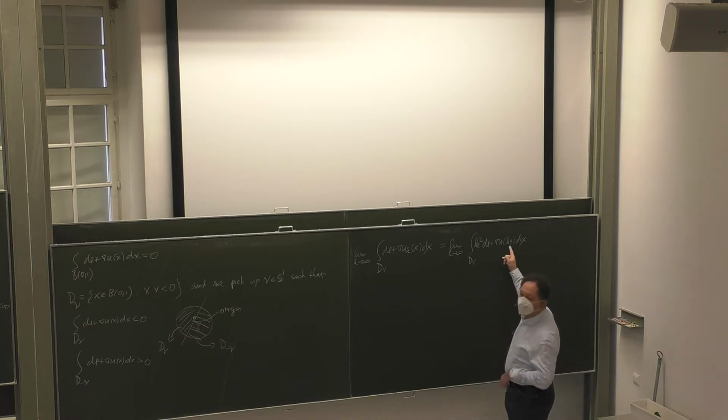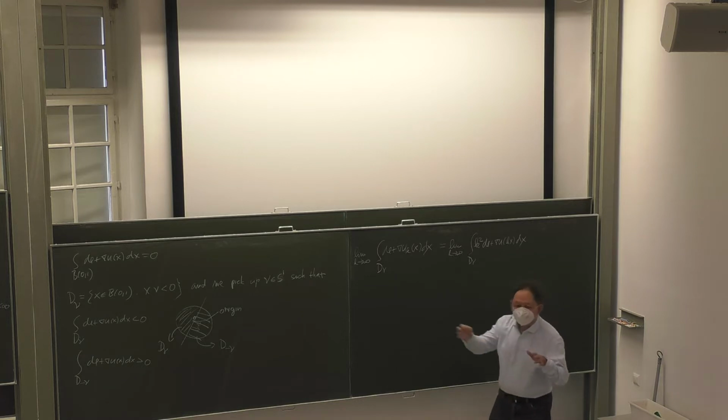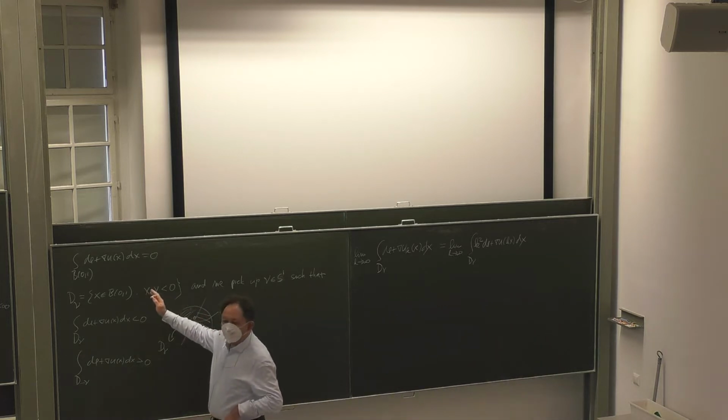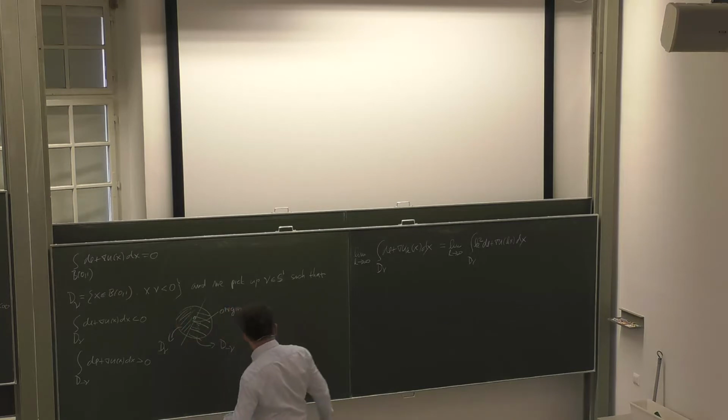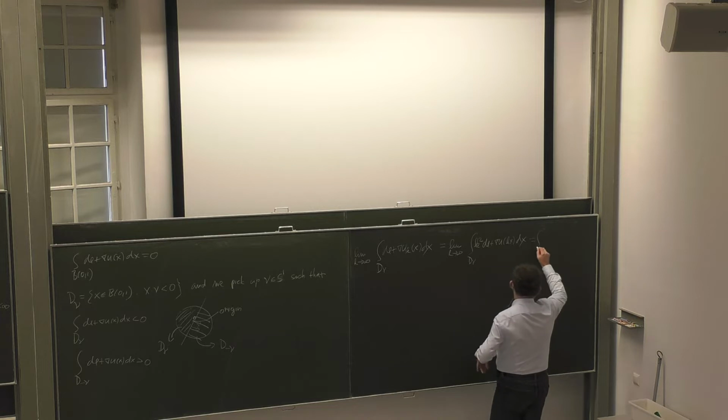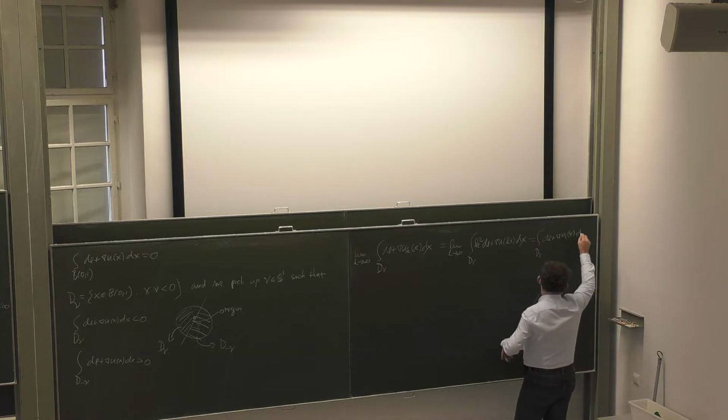And again, the change of variables formula kills this k squared. And because again I'm inflating a half ball, nothing happens. So I just get the integral over D nu of the determinant of grad u dx, and this is supposed to be smaller than 0.